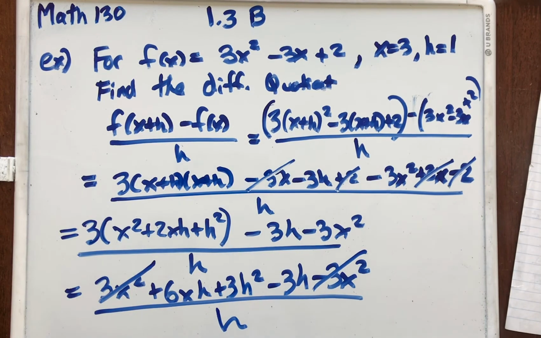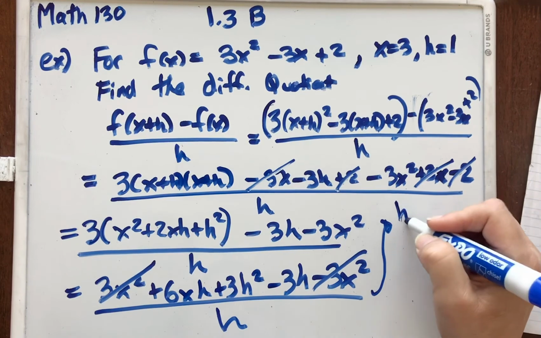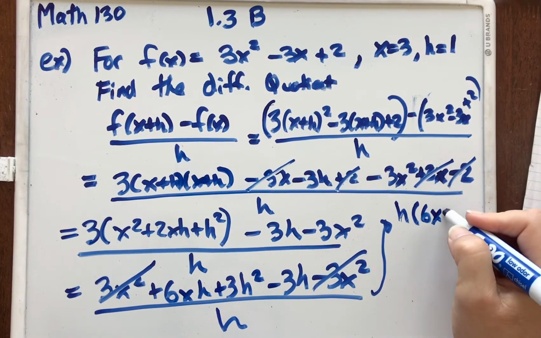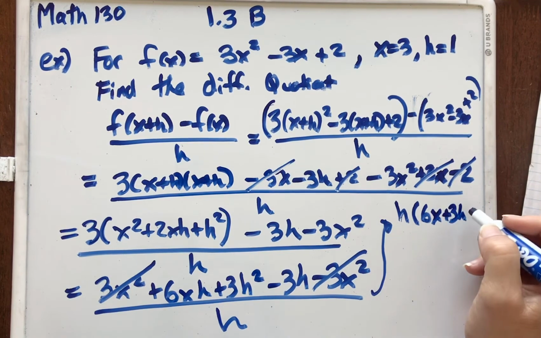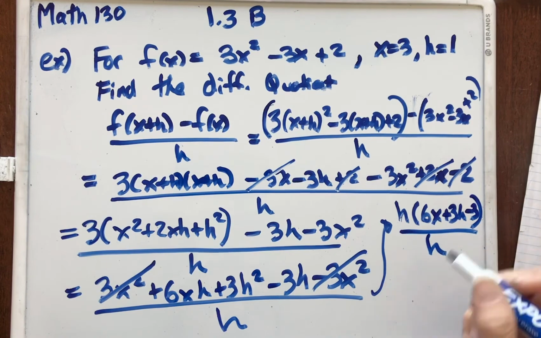Now we notice an h, an h, and an h. Let's factor out an h. So we factor out h, and we're left with 6x plus 3h minus 3, all over h.